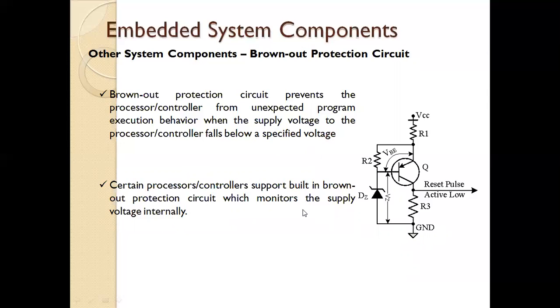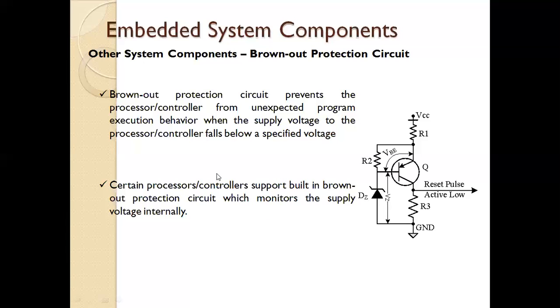That means the processor behavior may not be predictable if the supply voltage falls below the recommended operating voltage. If it falls, it may lead to situations like data corruption. A brownout protection circuit holds the processor or the controller in reset state when the operating voltage falls below the threshold until it rises above the threshold voltage.